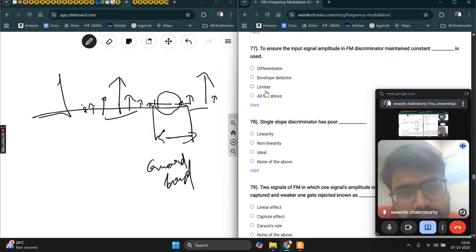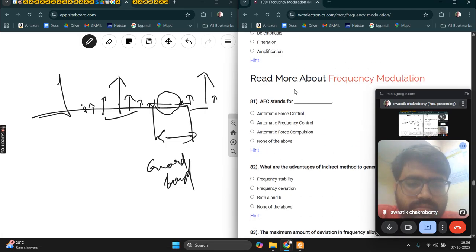So limiter is used to ensure that the input signal amplitude in the FM discriminator, which is used to demodulate FM, has constant input. So it is limiter. AFC stands for automatic frequency control.